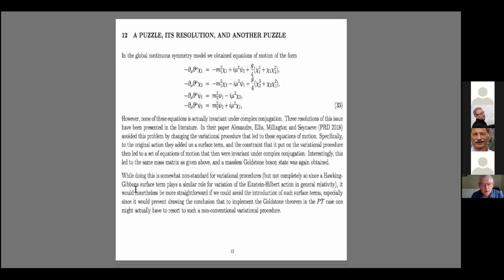However, you'd like to be able to avoid the introduction of such surface terms, because it causes you to worry that to implement the Goldstone theorem in the PT case, you had to use this non-conventional variation procedure. If it worked out that way, it would be quite surprising, but not necessarily anything wrong with it. So the question is, can we actually implement the Goldstone theorem without any kind of funny variational procedure?